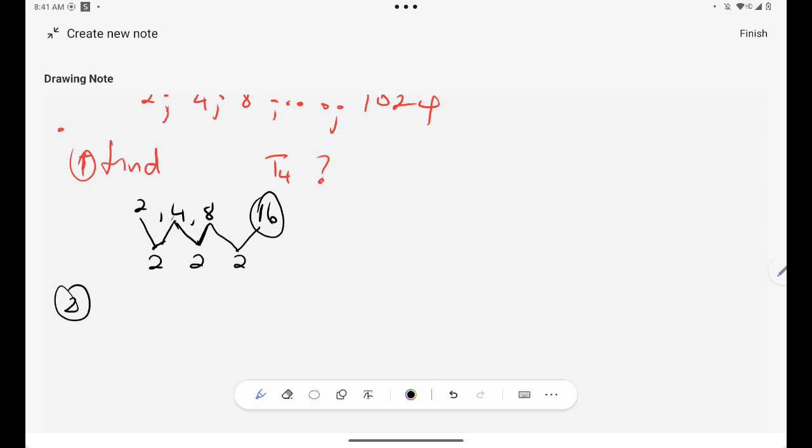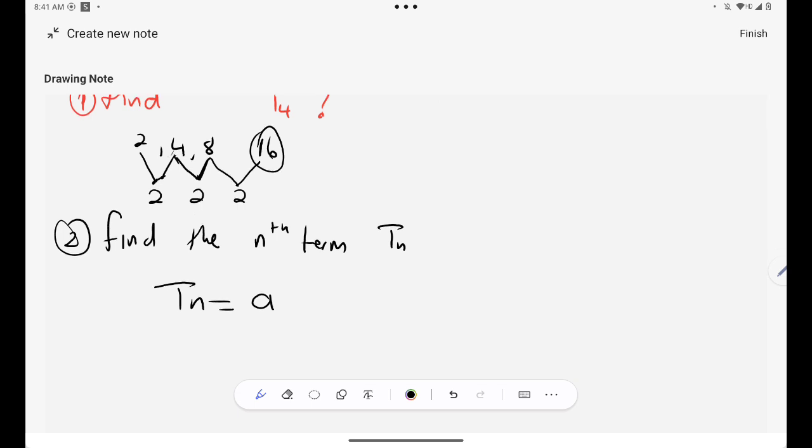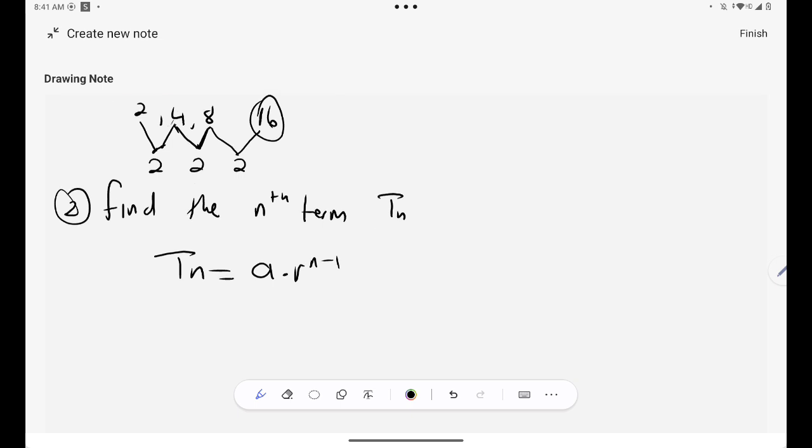Question number 2. Find the nth term, Tn, of the sequence. Since you are dealing with a geometric sequence, there are only two things you need to find Tn. It's only a and r, whereby a is your first term and r is your common ratio.